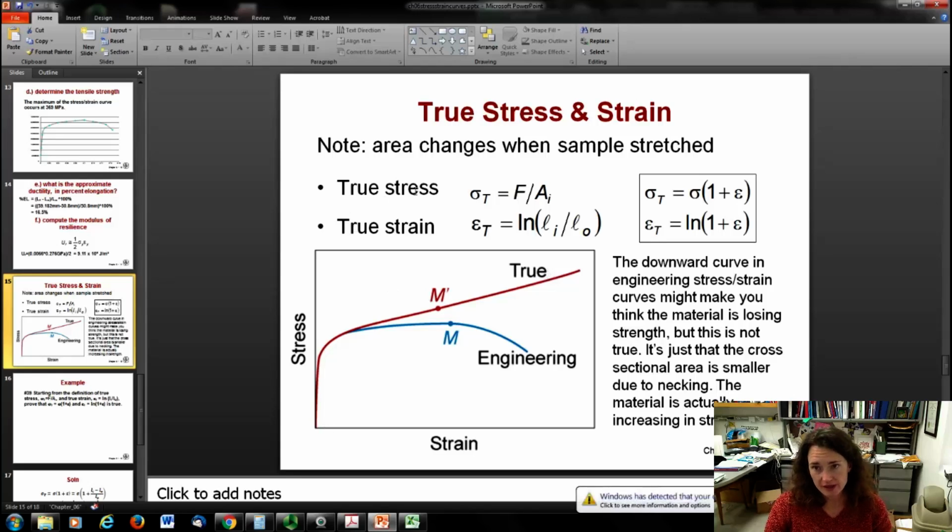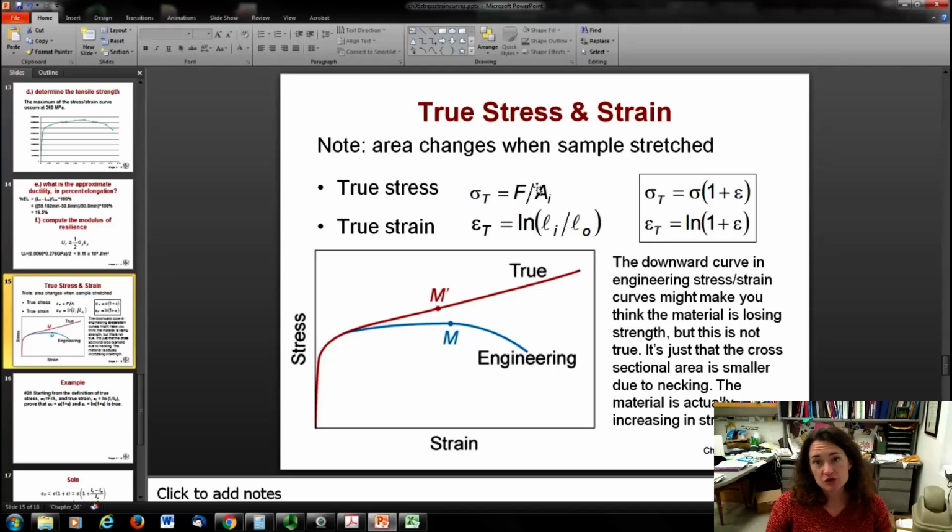And so that results in this true stress strain curve. Now the formula for true stress is going to be the force divided by the area at the ith data point. So wherever you are on that curve as you move across, you're going to divide by the actual area of the material at time ti. Okay, so sigma true is equal to the force divided by the true area.